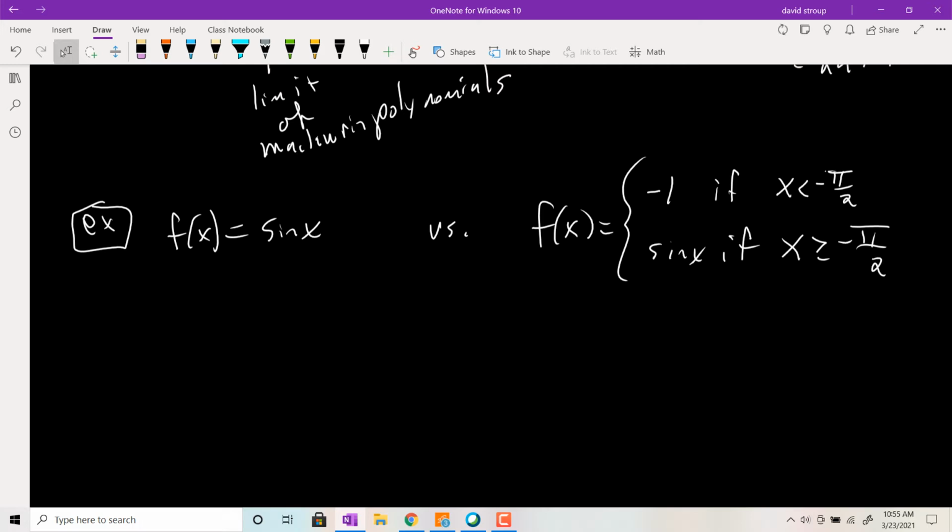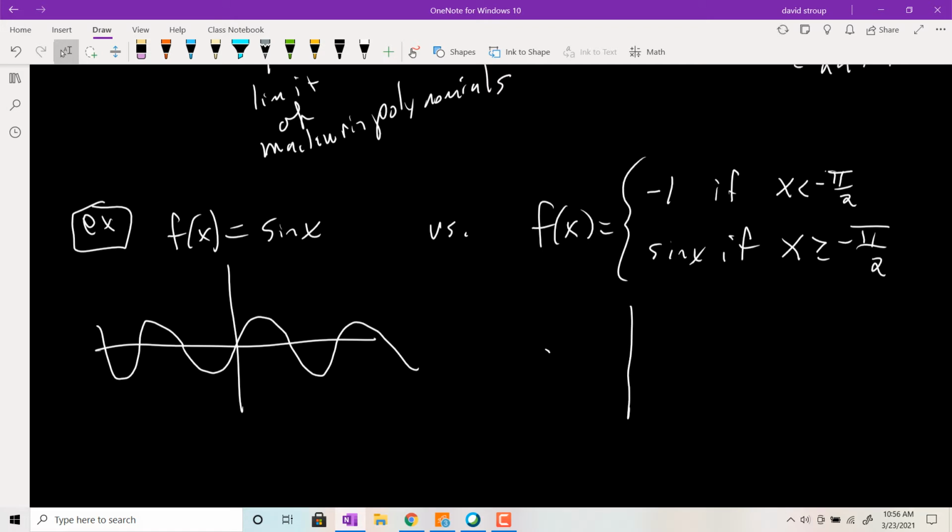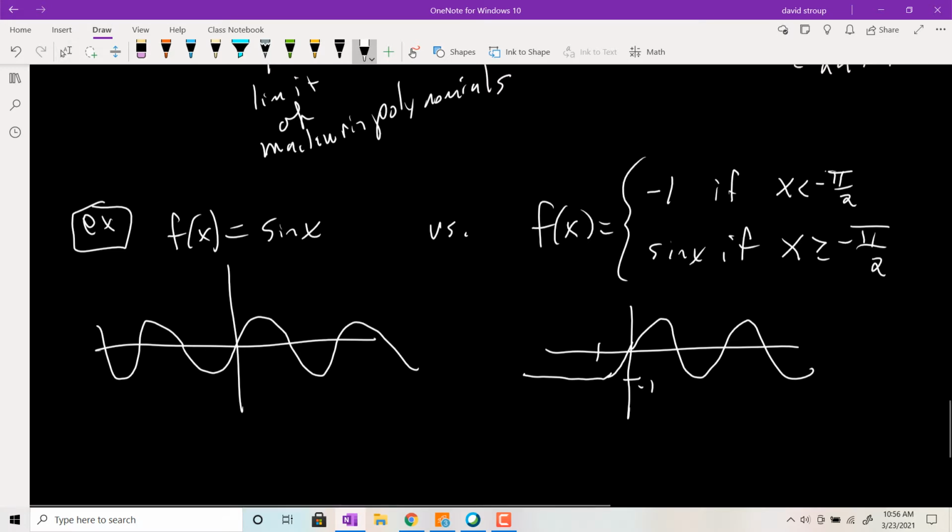Okay. So sine of x, of course, its graph is periodic and it keeps on going like this. This other graph, though, is a little different, right? It looks the same around x equals 0, but then when you get over here to the left, it just goes to negative 1.